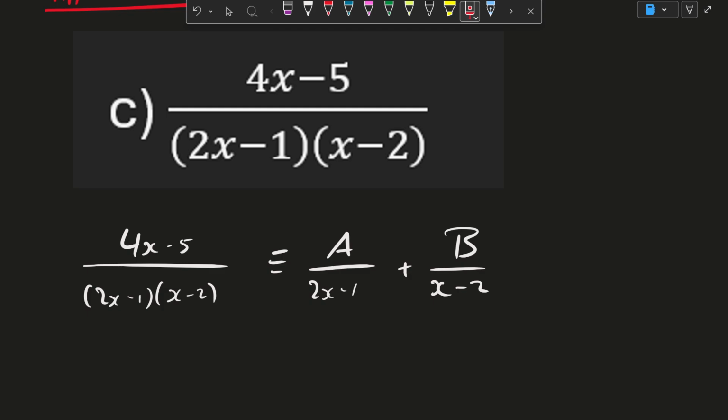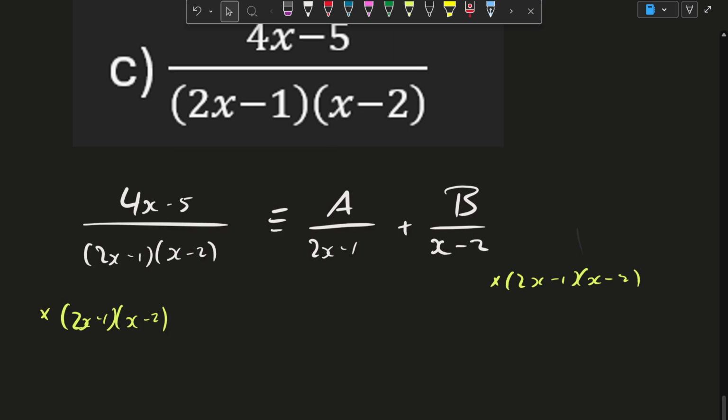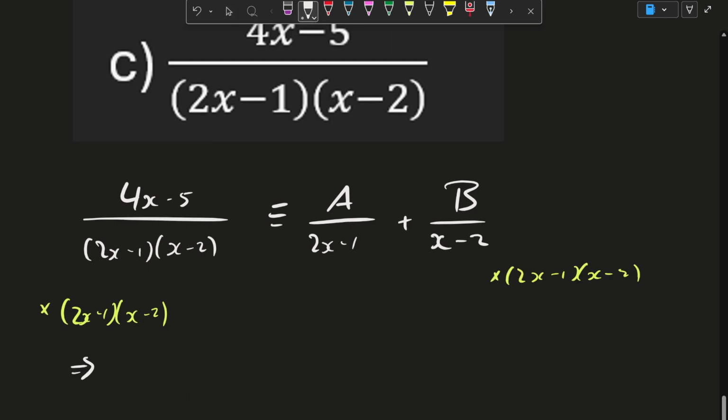So there's two ways of doing this. This is the way that I often teach this small bit of algebraic identities. I'm going to multiply across by the denominator because I really don't want that there. So multiply across by the quantity 2x minus 1 times x minus 2. What we get on the left-hand side is just the top, so 4x take away 5.